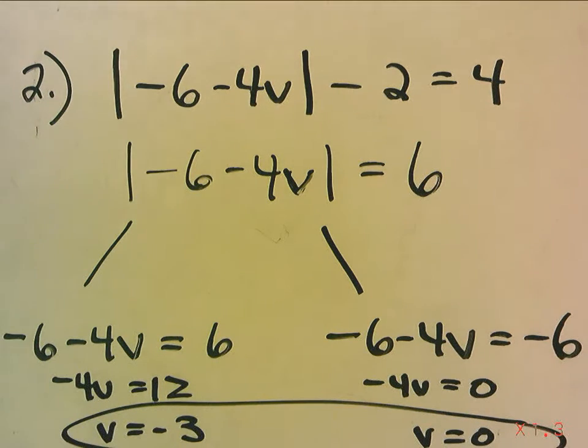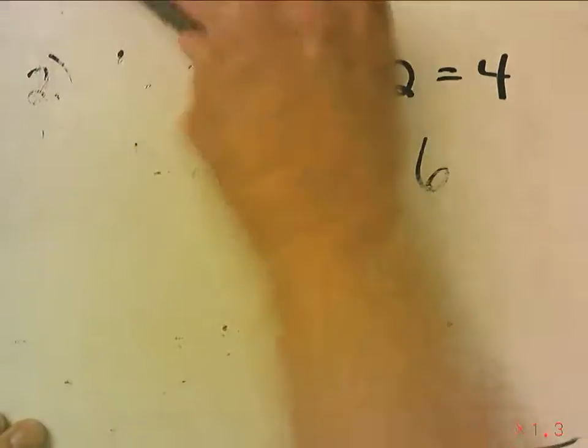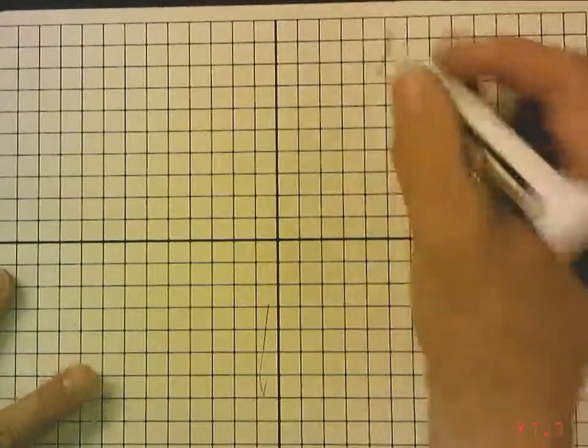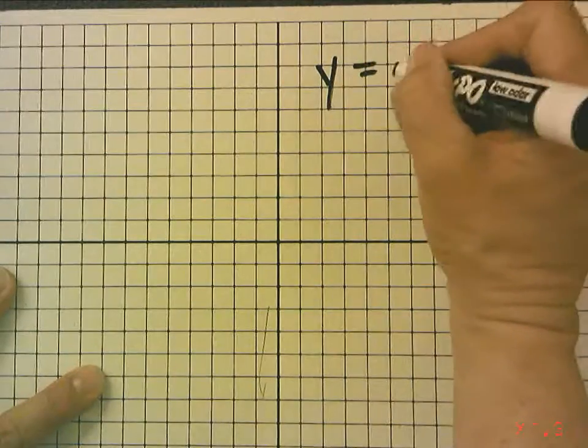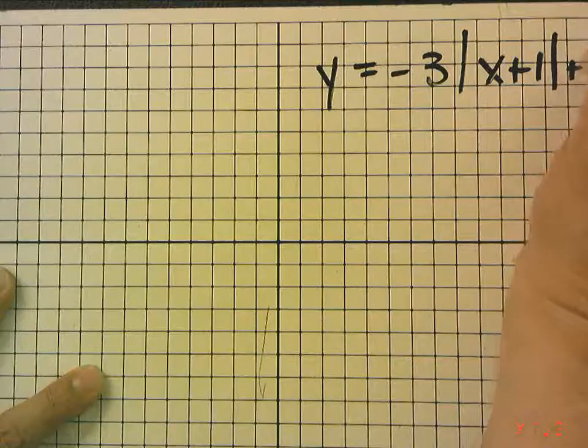Now, let's look at graphing this. So we're going to look at number 6. Number 6 is graphing y equals -3 times the absolute value of x plus 1, plus 3.